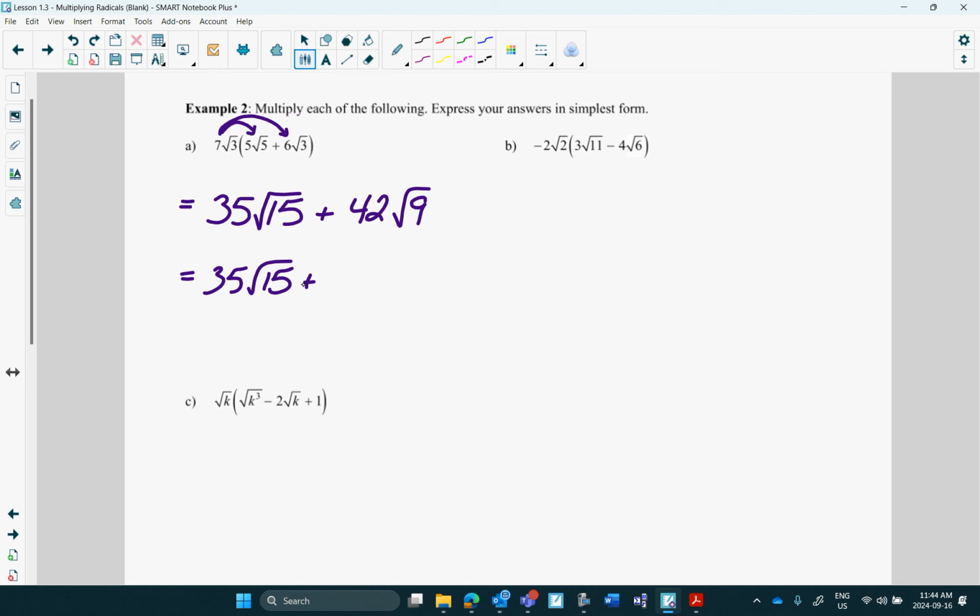But what about this? 42 times, remember 42 root 9 means 42 times root 9. What's this? 3. So isn't this the same as 42 times 3? Which gives me what? 126. Good. And that's as far as I can go. So you got to be on the lookout for that.